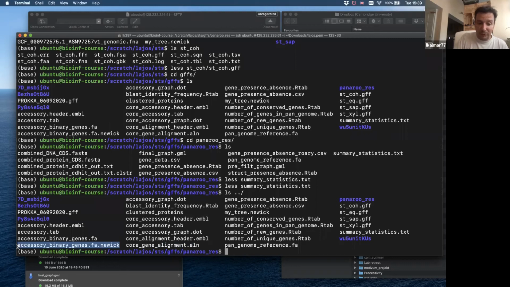By default, this Newick tree that you get back is based on gene presence absence. So you are defining the pairwise distance basically by looking at the shared genes between two species.